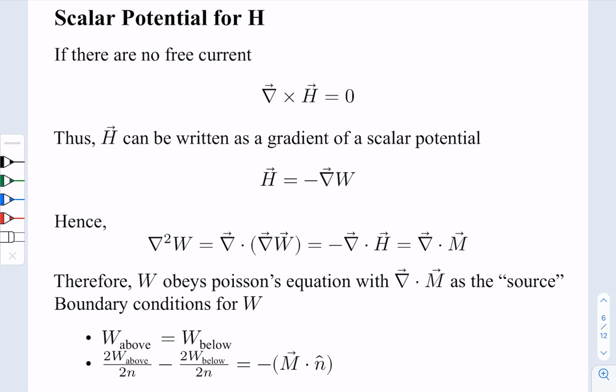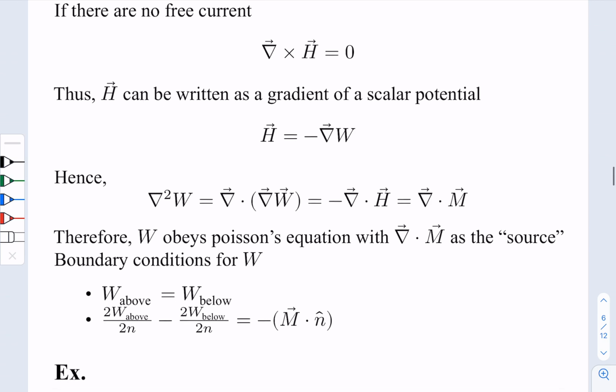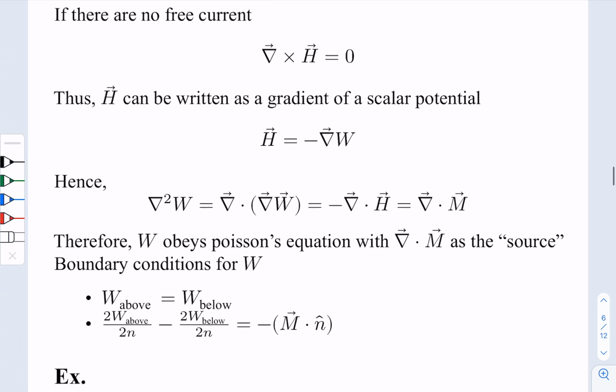If this charge is 0, then we have a Laplace equation. So we can apply all we have learned in chapter 3 about potentials to solve for this scalar potential.